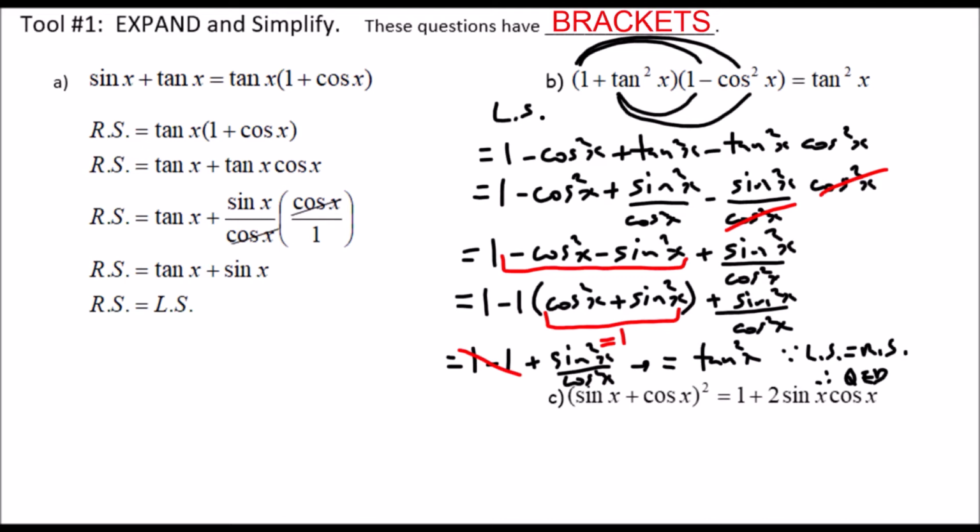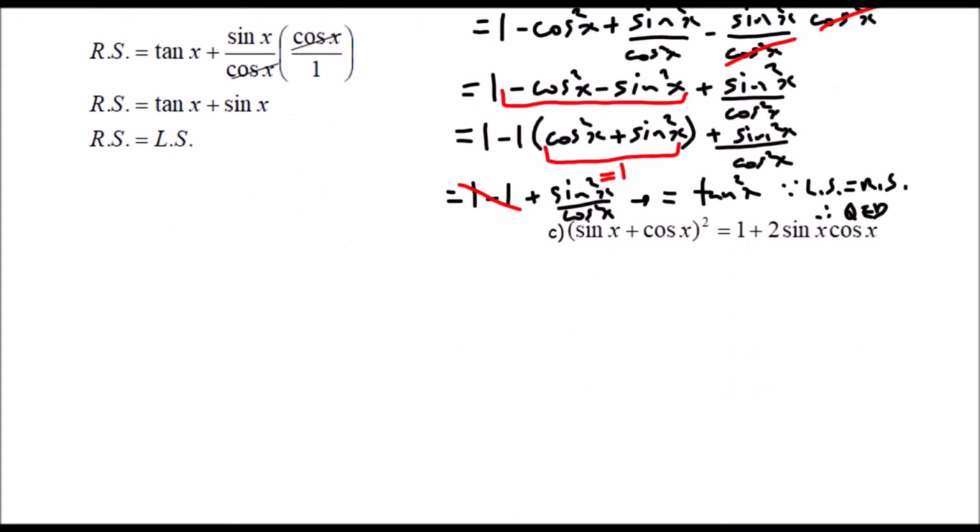All right, let's talk about that next one here. (sine x plus cos x) squared equals 1 plus 2 sine x cos x. So again, not much I can do on this right side, but the left side here I can FOIL this out. So left side, here we go. I'm going to really have here (sine x plus cos x) times (sine x plus cos x). I can expand this out.